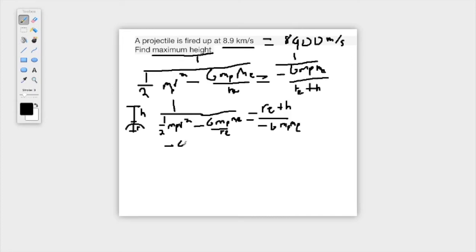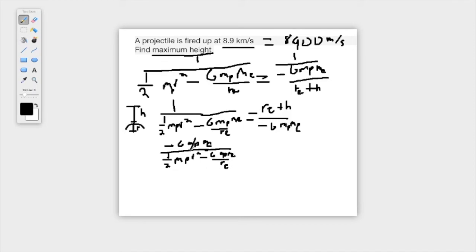negative G MP ME over 1/2 MP V squared minus G MP ME over RE.